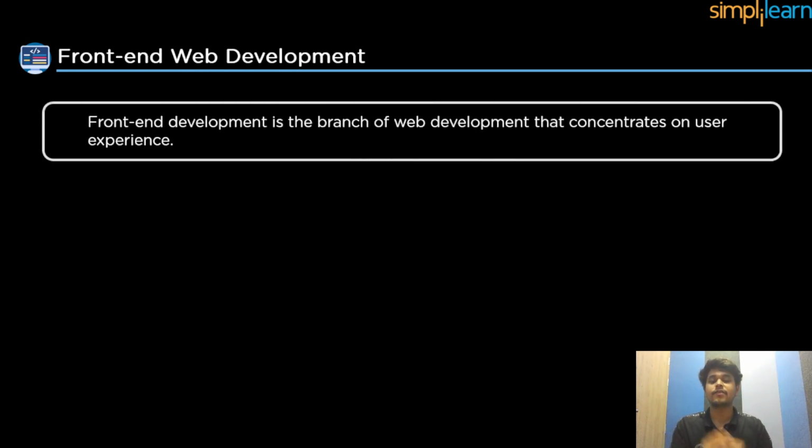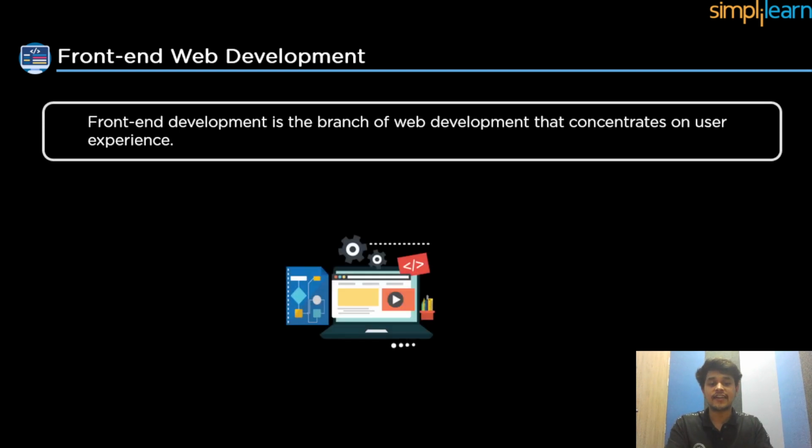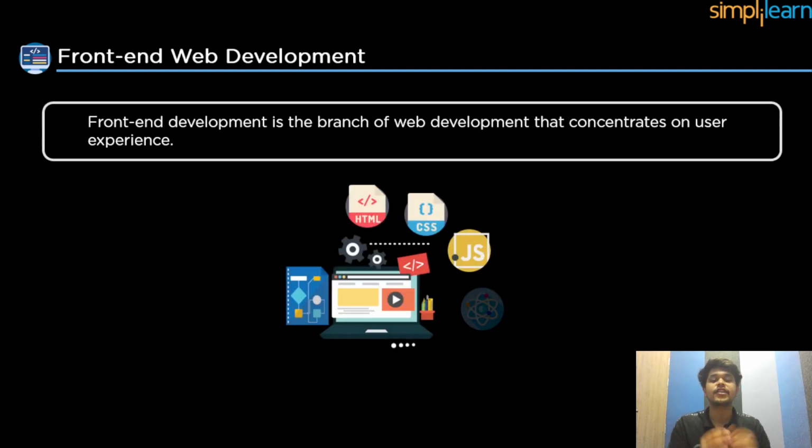Front-end web development is the branch of web development that concentrates on user experience. It ensures that the data is presented understandably and entails converting the code created by back-end developers into a graphical interface. Without front-end development, you would see incomprehensible code on a website or web application.